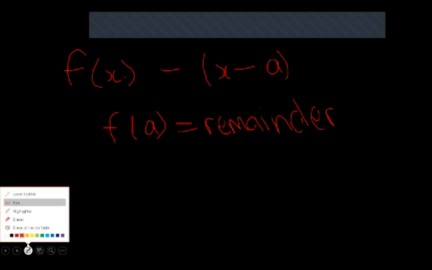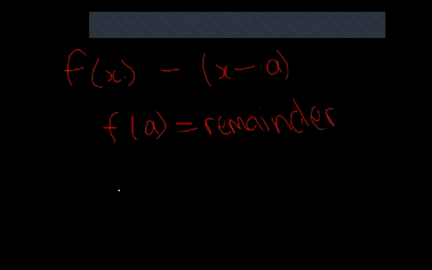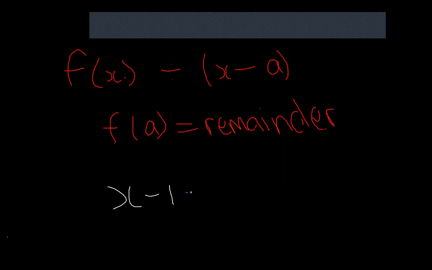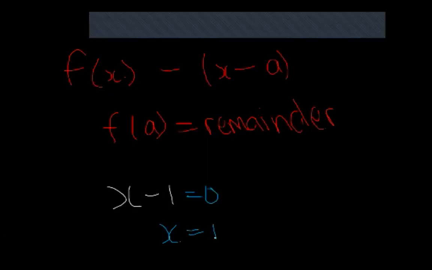So if you're given a divisor, say it was x minus 1, that was your divisor. In the example I just showed you, the divisor was 2x plus 1. But say our divisor was x minus 1. To find the remainder, remember the first thing you do, set this equal to 0 to find the value of a. So x is equal to 1, right?